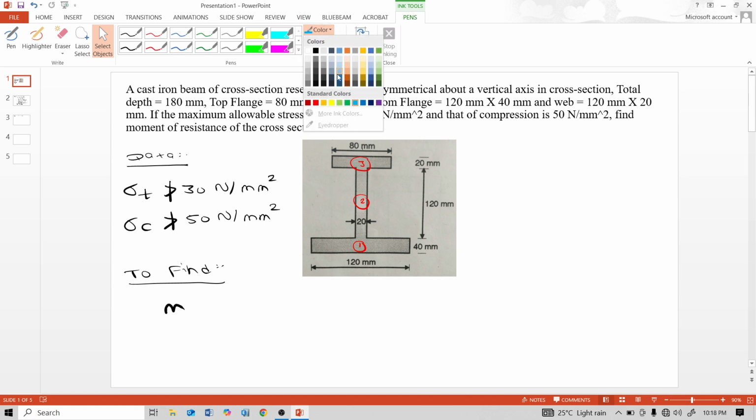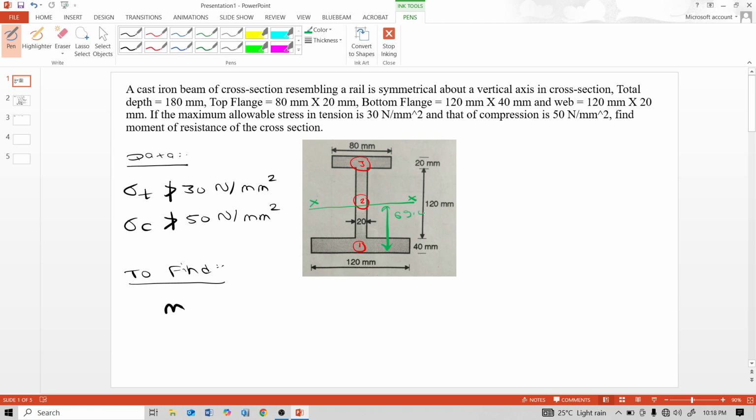It means the neutral axis for that I section is somewhere here, 69.09 from the bottom.